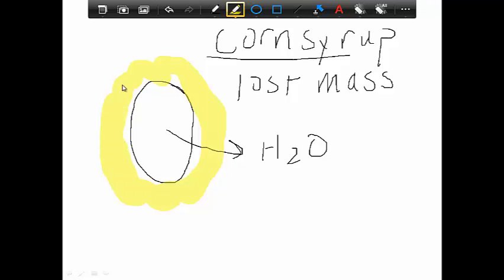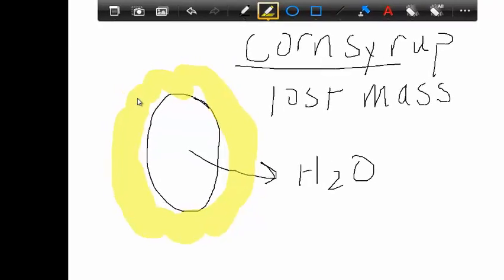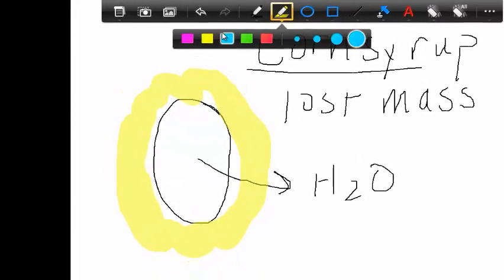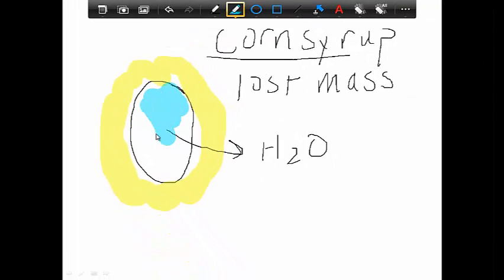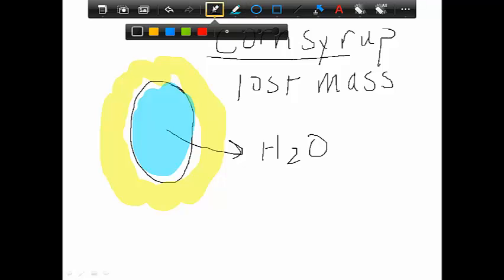It doesn't have a lot of water in it. The inside of the egg was very watery because it had just been soaking in vinegar, which is actually mostly water. Okay, so the water moved from a high concentration of water inside the egg, in other words, there was lots of water inside the egg, to where there was very little water on the outside. Remember, the corn syrup is very sugary, not a whole lot of water.